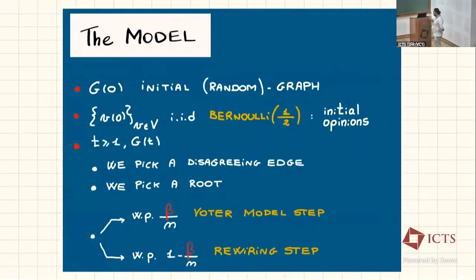Start with the initial graph G0, a random graph, and each vertex has a Bernoulli opinion, red or blue, or 0 or 1. You perform this dynamics: with probability beta by n, you take a voter model step, and with probability 1 minus beta by n, you take a rewiring step.